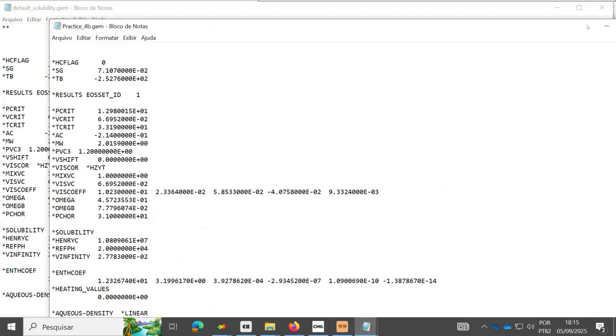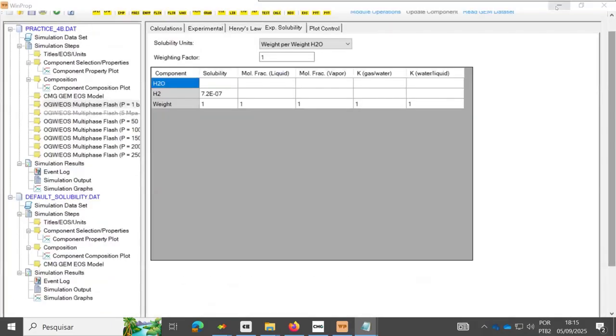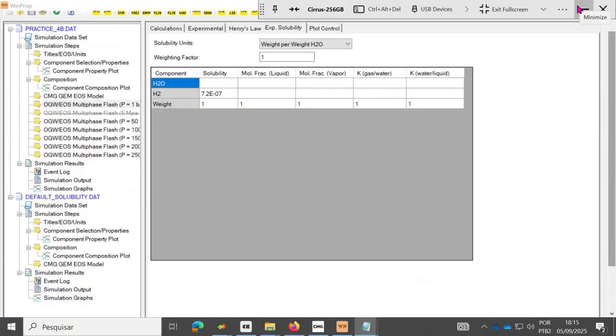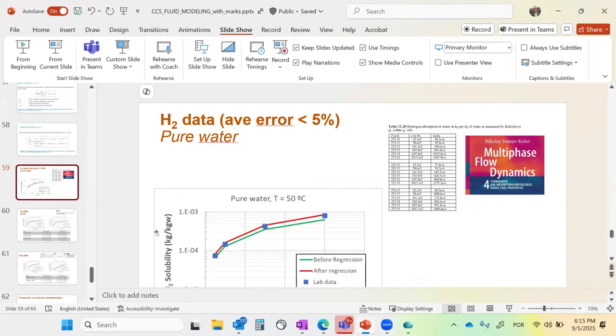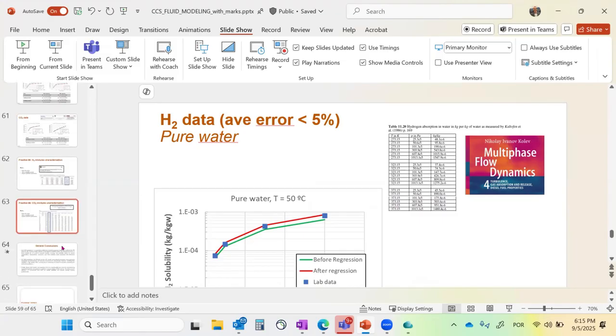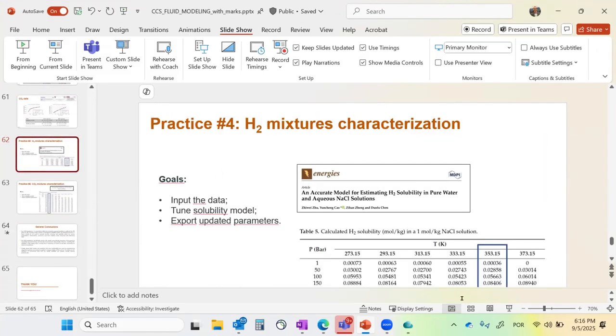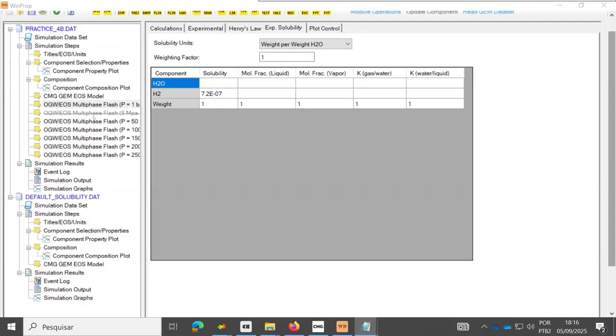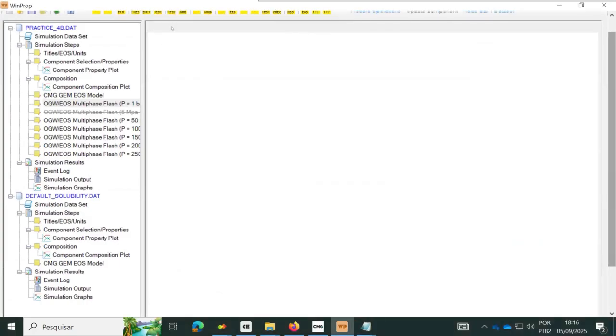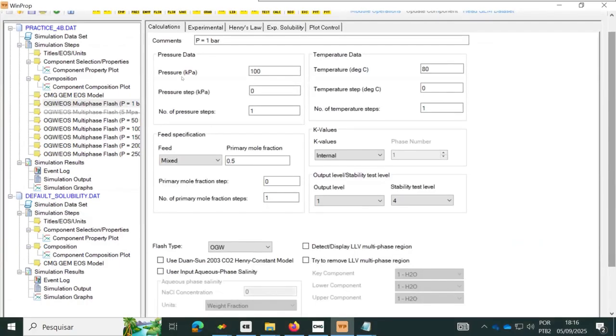Okay, is it clear? Is everyone following me, or is it too complicated? Just one question. Dr. Marcos, when we were inputting the solubility data, there was one option of primary mole fraction of gas or primary mole fraction of water, right? So it was 0.5.